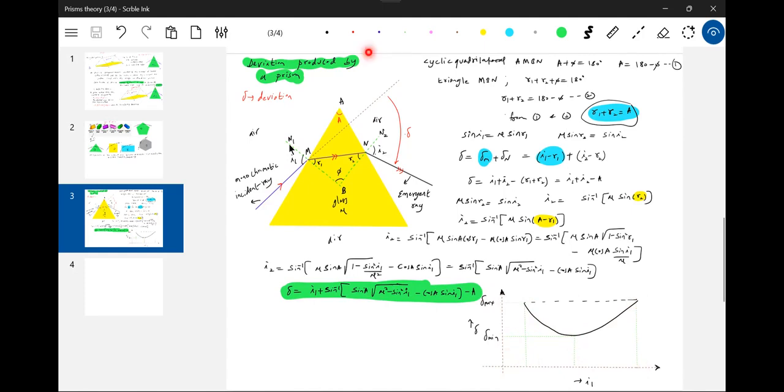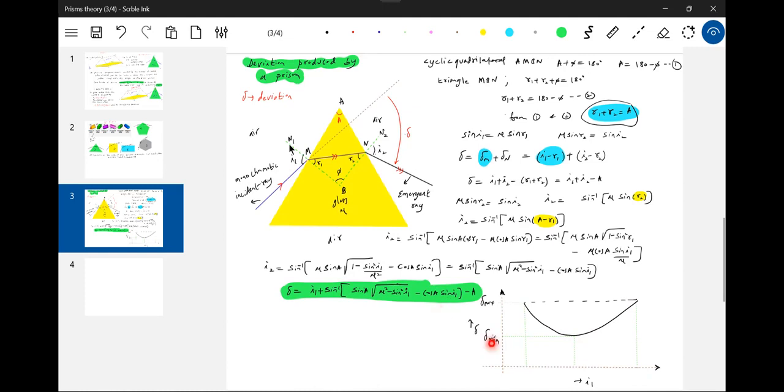Now you can ask, sir, what is the use of this? The refractive index mu of any material is a very difficult quantity to measure. If I can measure the minimum deviation, I can calculate the mu of the material of the prism. That's the main purpose of why we are studying these things. Later we'll go for applications.